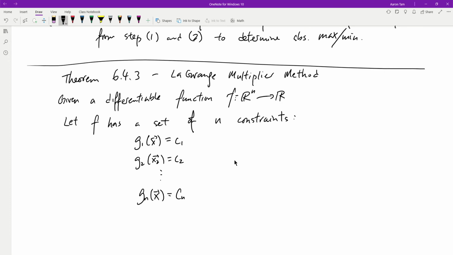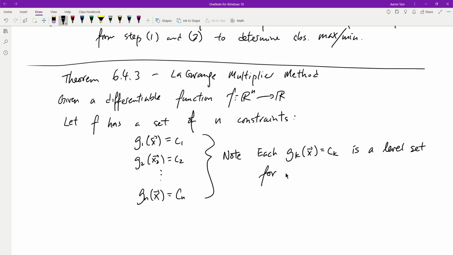Note that each g sub k of vector x is equal to z sub k. What that means is that these are basically level sets for the function g sub k, which also maps from Rn to R.